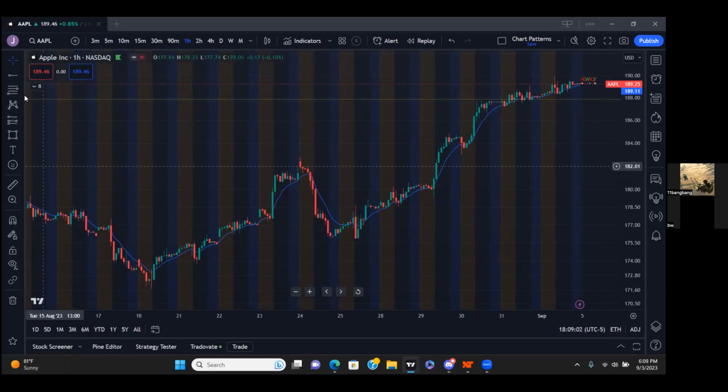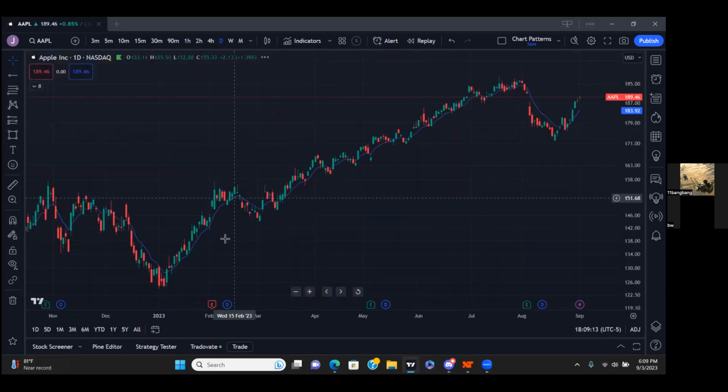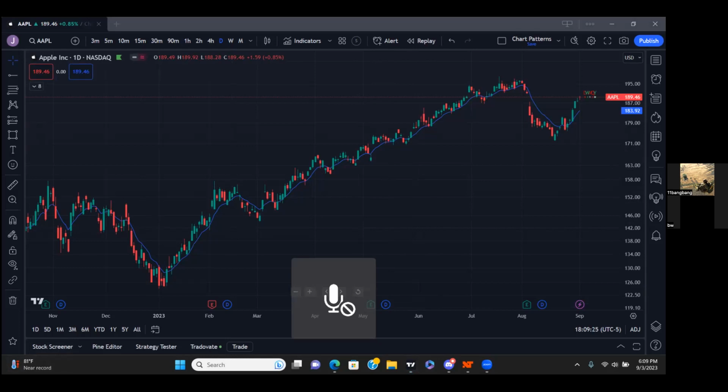All right. Let's go real quick to the daily time frame first, because that's the first thing we want to look at. Let's just see if there are any gaps that we need to fill. You could click under the ruler, there's a magnifying glass on the left, in the toolbox.